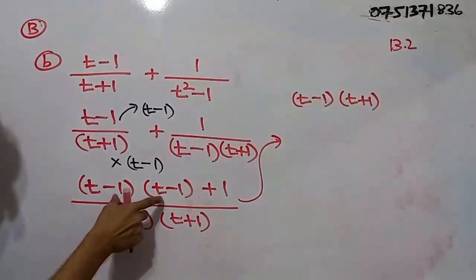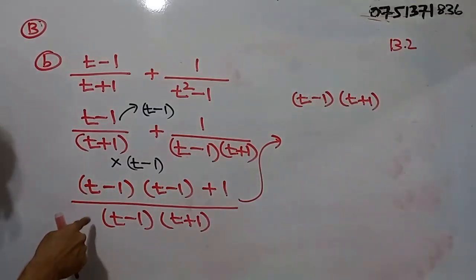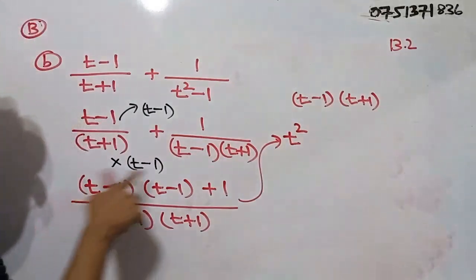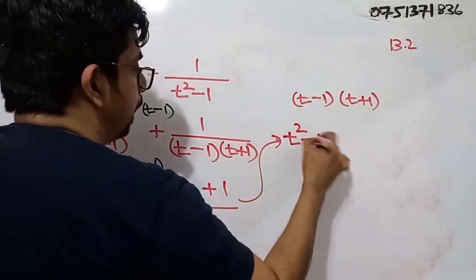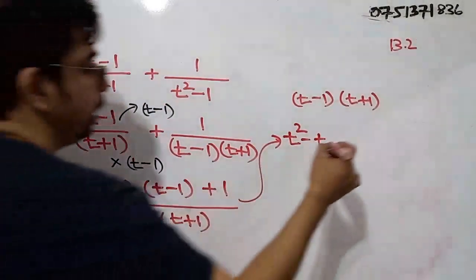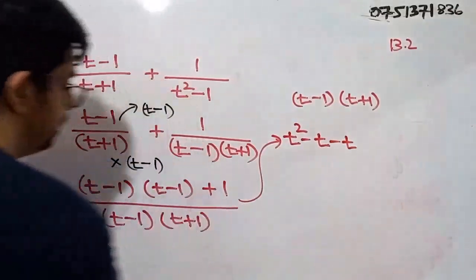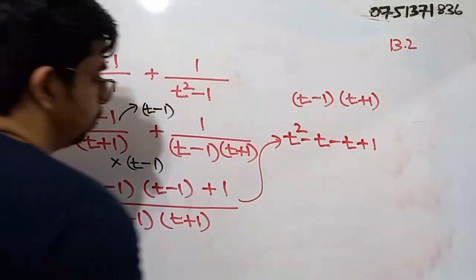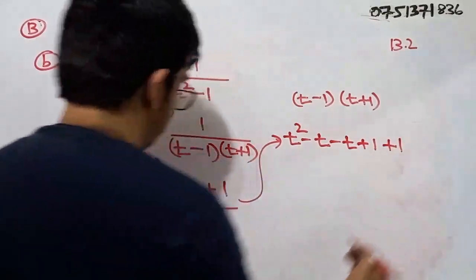So we have to simplify these binomial expressions. t into t, it should be t squared. t into 1, it should be t and it's negative. 1 into t, it is t and also it is negative. 1 into 1, it is 1 and it is positive. Then plus 1.